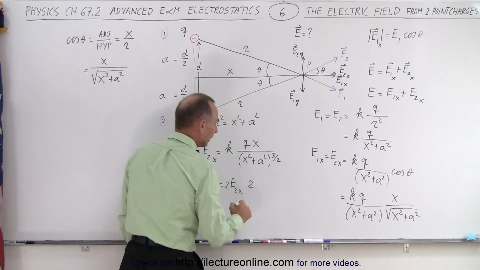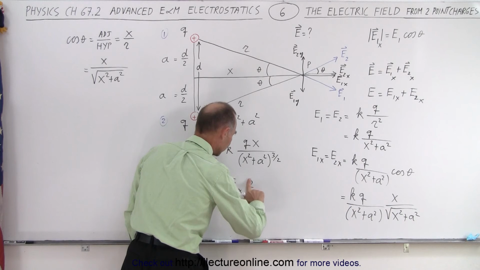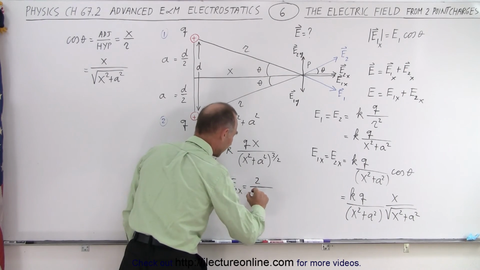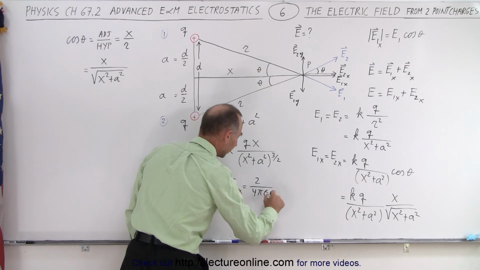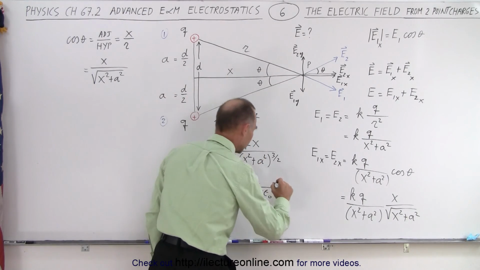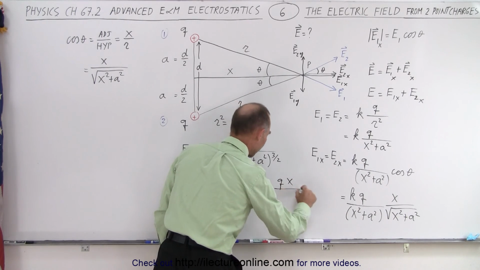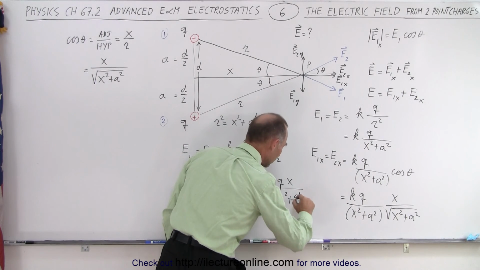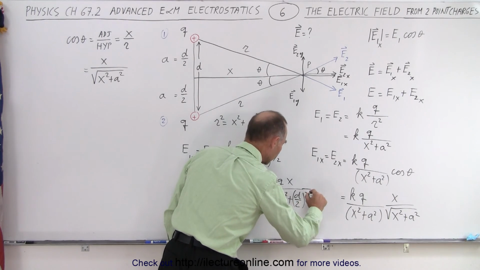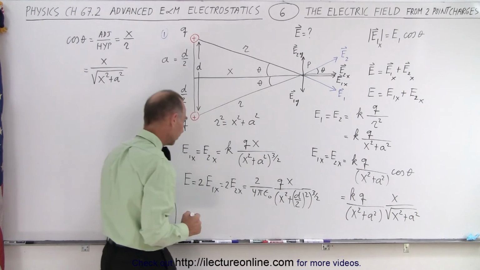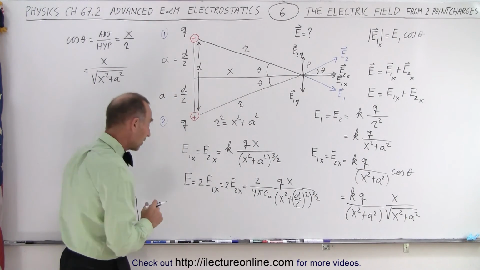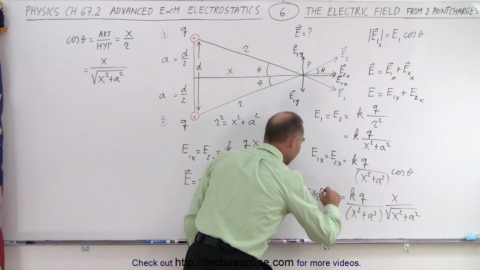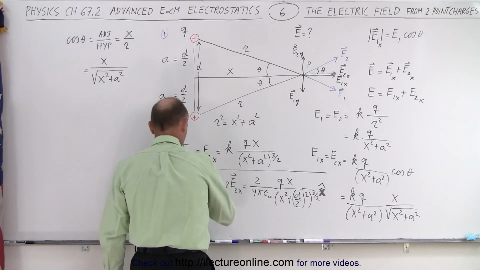So, instead of k, we can write 2 divided by 4 pi epsilon sub naught, times q x divided by the quantity x squared plus, instead of a, d over 2 squared, to the 3/2 power, like this. And then if we want to make a vector out of that, we can simply write this and then add the unit vector x at the end.